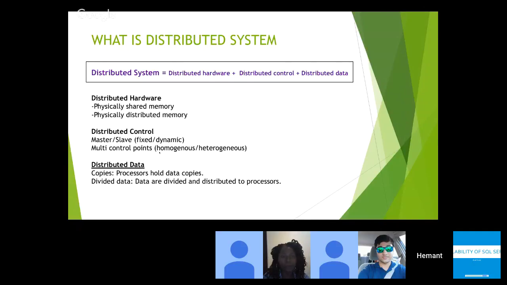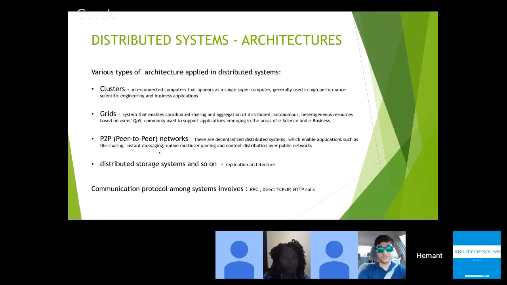This is what I'm going to fundamentally take my presentation towards, and then we'll apply all these distributed system concepts and see how they work in big data system architecture.